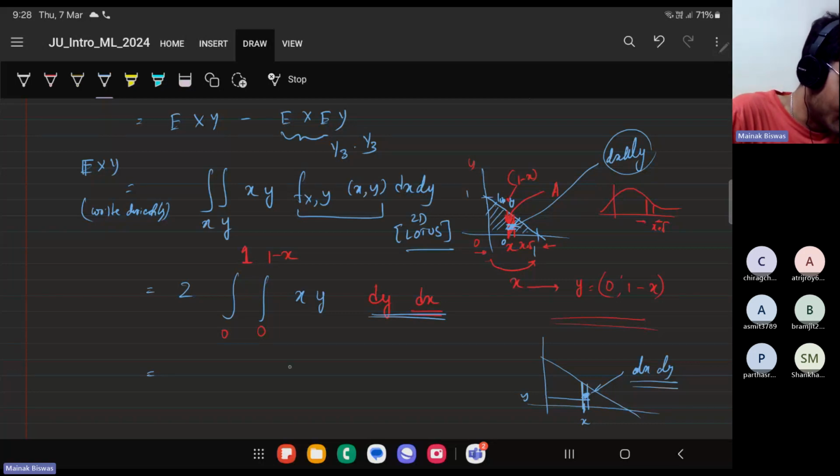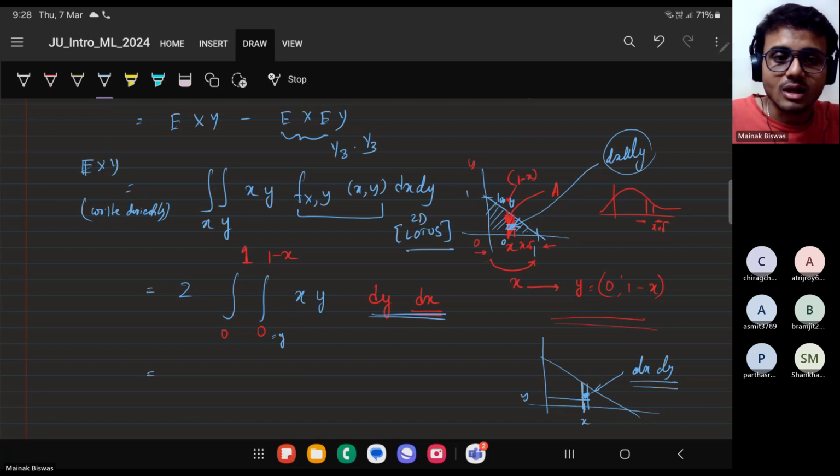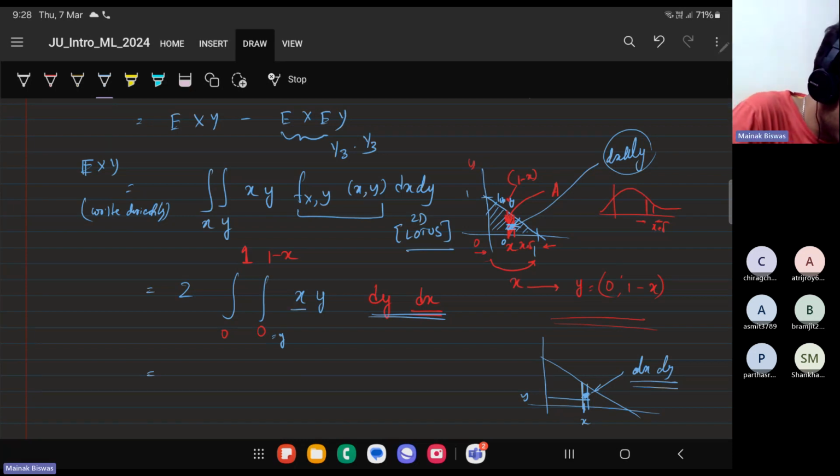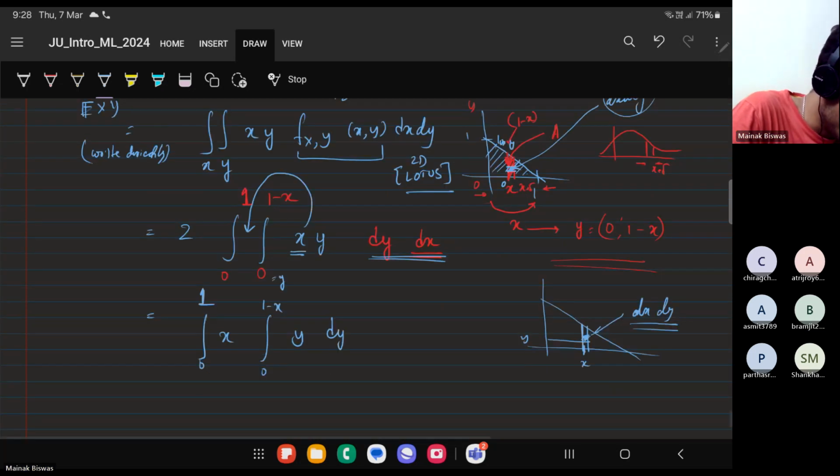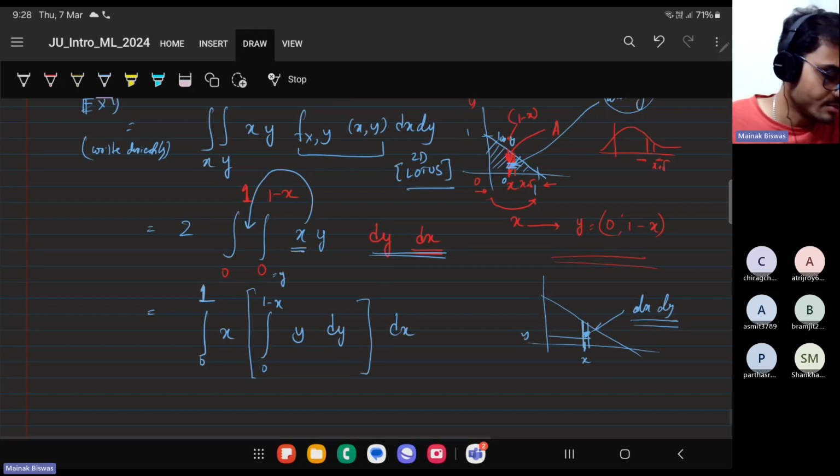Good. So tell me what would this be? The first integral is on the value of y. So be a bit careful with the limits. Here x would be a constant, right? I'll take x out. Integral from 0 to 1 minus x of y dy, then dx.